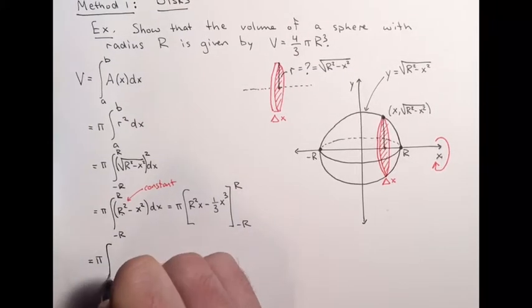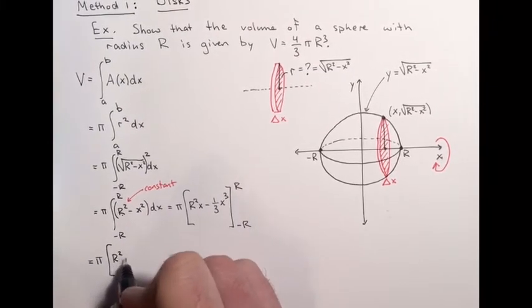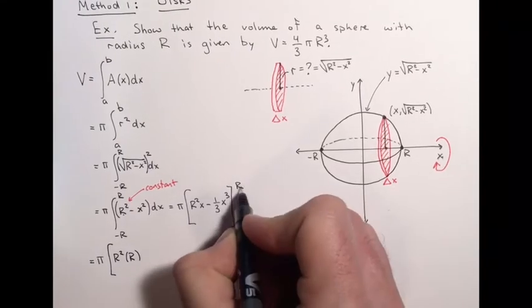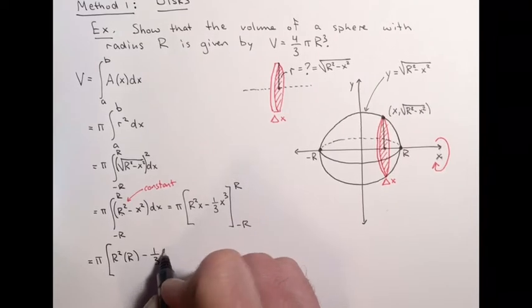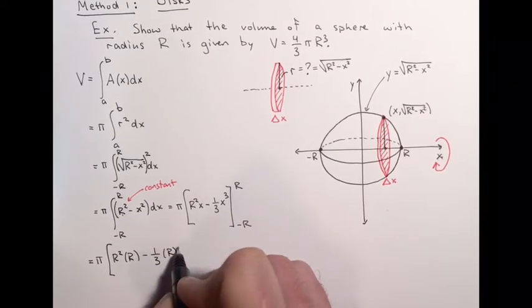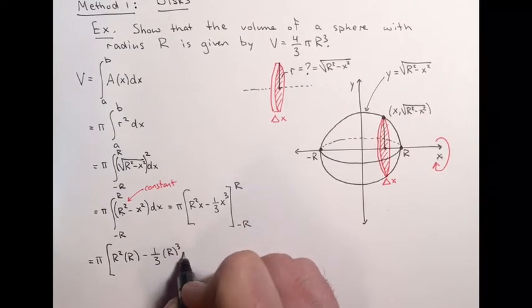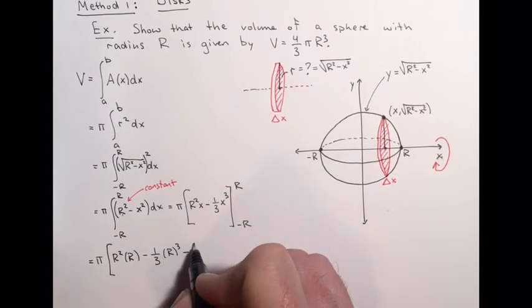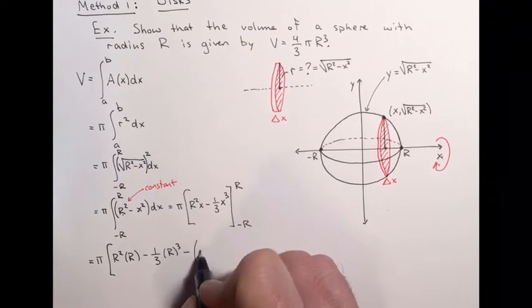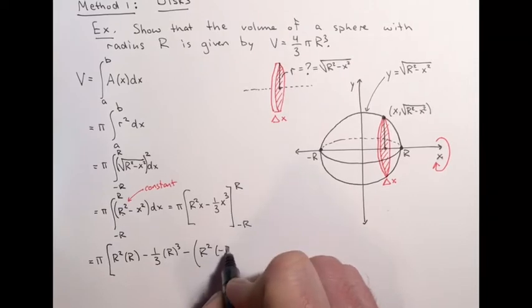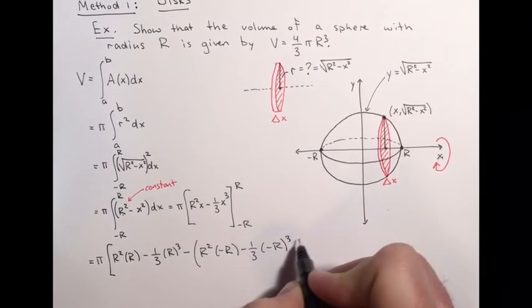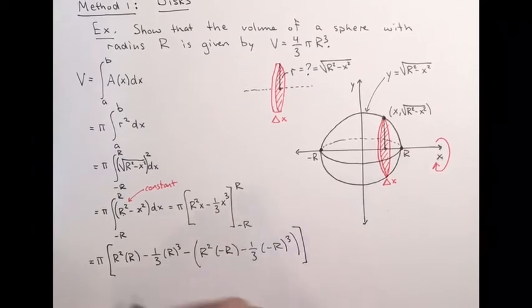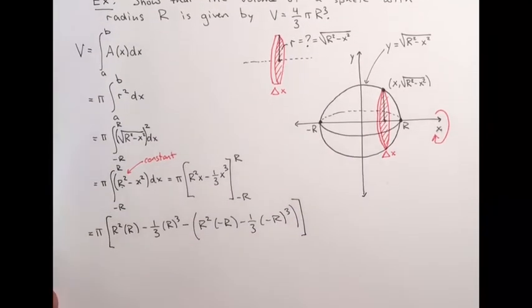pi multiplied by r squared. We plug in our upper limit of integration for x everywhere. And then what we're going to do is subtract what we get when we plug in our lower limit of integration, which is negative r. And then we have a little bit of algebra to do. So we're going to simplify this.